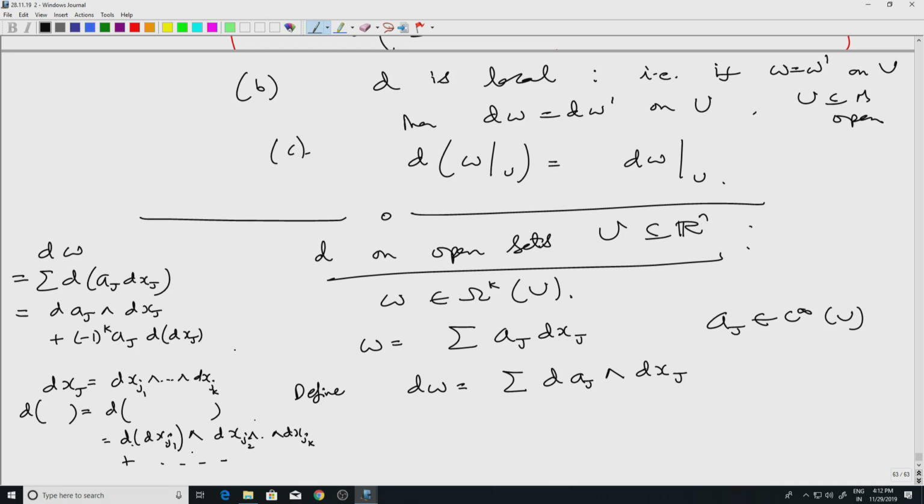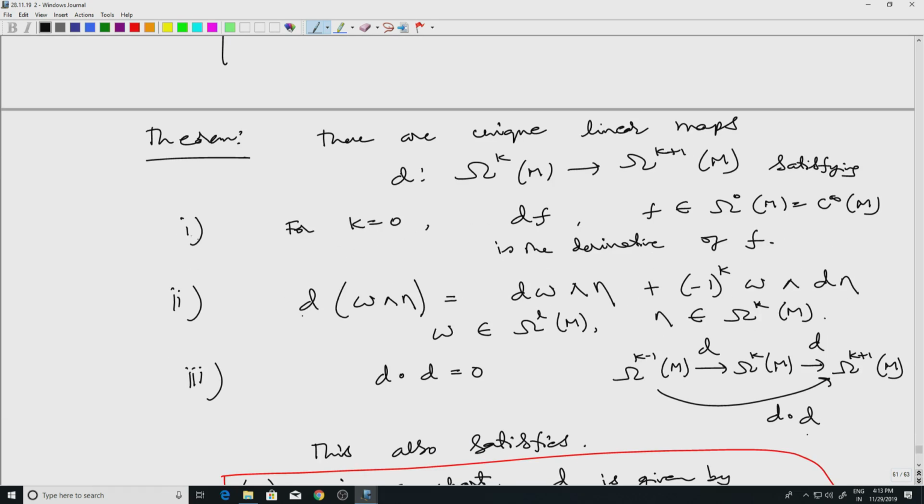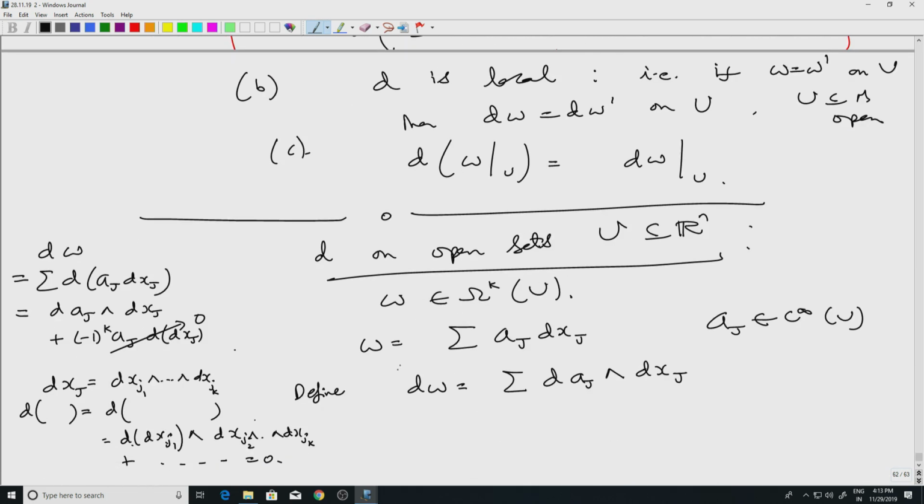But this old d and new d coincide. So d composed with d is 0. So all these terms will be 0. So this entire thing goes away. So I am left with daj wedge dxj. In other words, if we impose linearity, condition 1, condition 2, condition 3, this is pretty much the only possible definition of d omega.